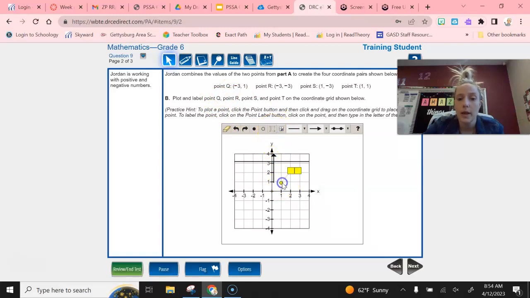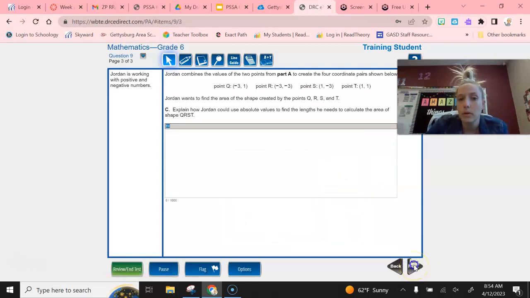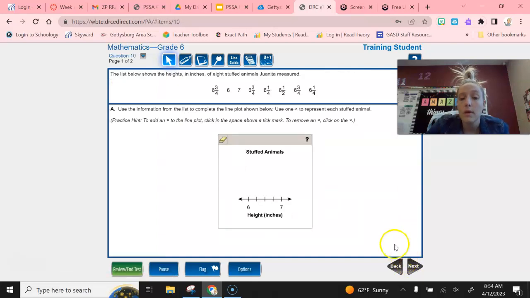So what does that look like? How do I do that? Here is the point. This is point T. Okay, so you're going to need to practice with some of those labeling tools. Here, if you are adding X's to the line plot, you might want to go in and put some X's in to see where these different numbers are. So practice with that.